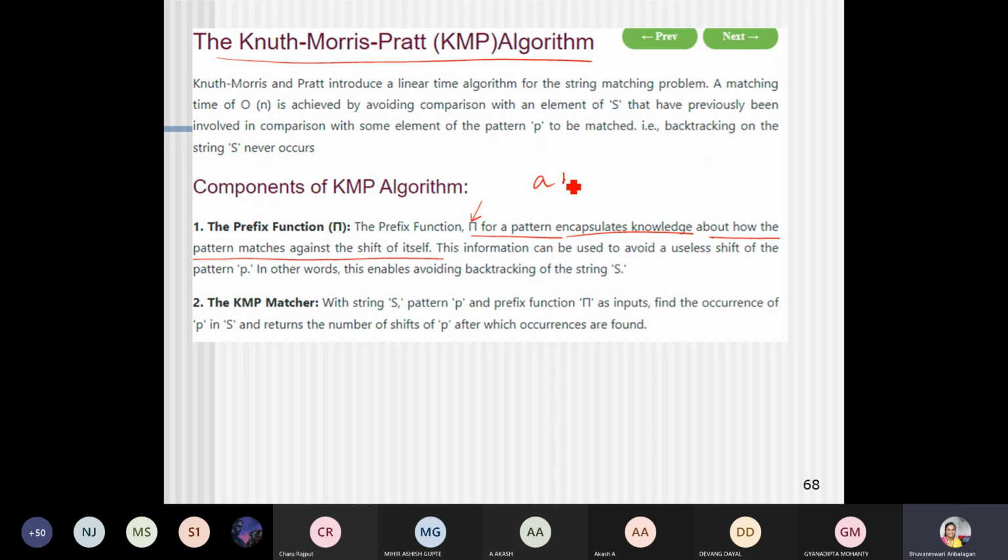Say there is a pattern like A, B, C, D, E, A, B, C. In the text, it will check whether the pattern is available, for example A, B, C, A, B, C, A, B, C. First, it will try to place this pattern over the text A, B, C, D, A, B, C.